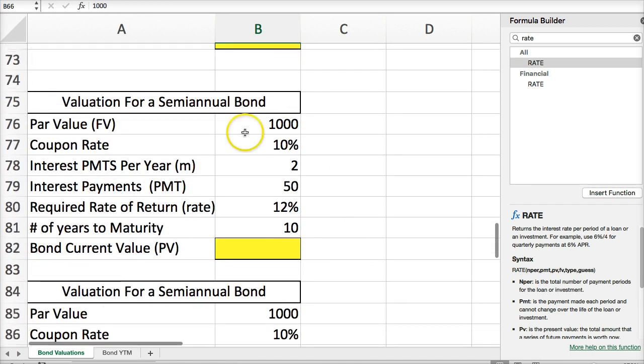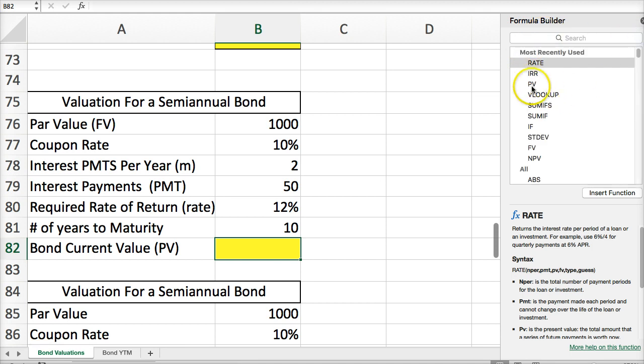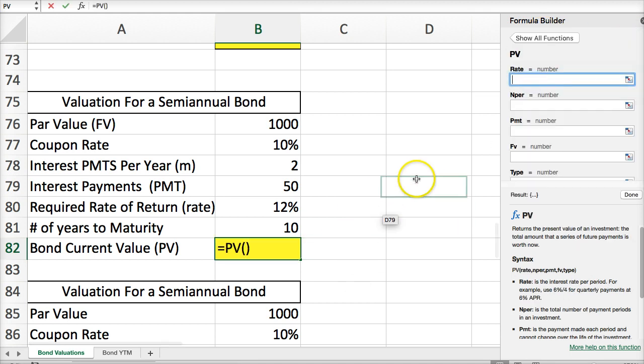So most bonds are going to be valued on a semi-annual basis, meaning you're going to get your interest twice a year. So what we're going to call this is M, or a frequency of M here. We're going to calculate the bond value using the present value function, but we're going to do it in a semi-annual state. So we're going to take the rate, the required rate of return, and divide it by the frequency.